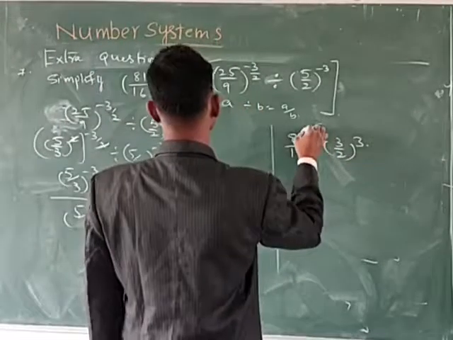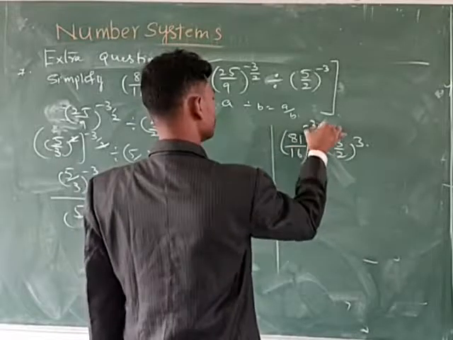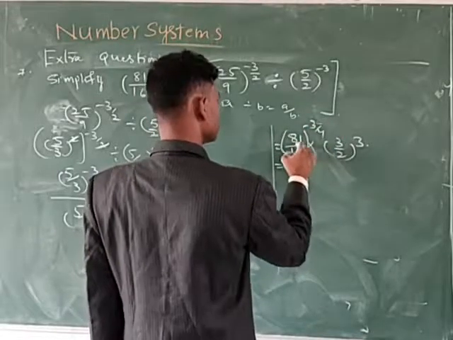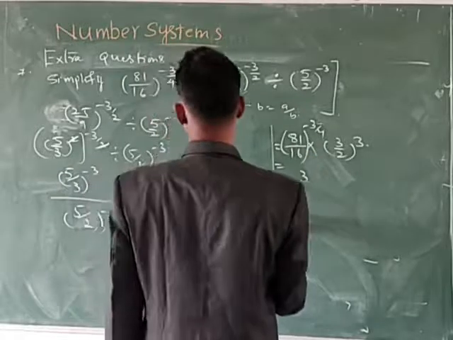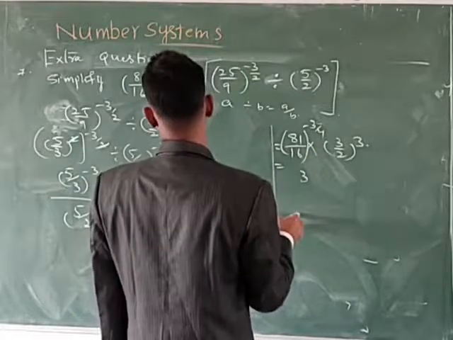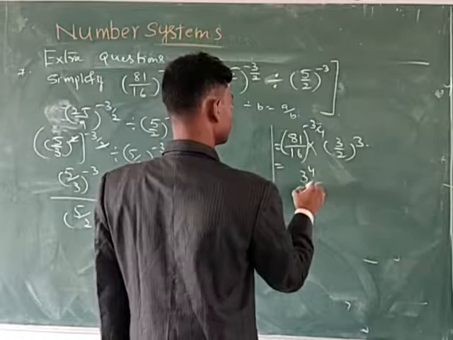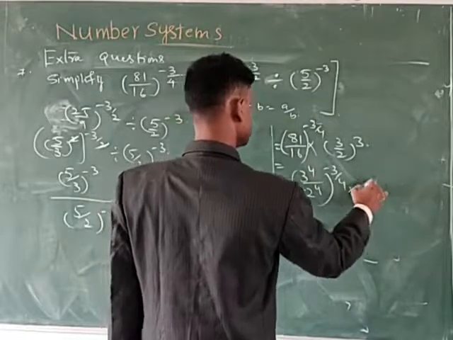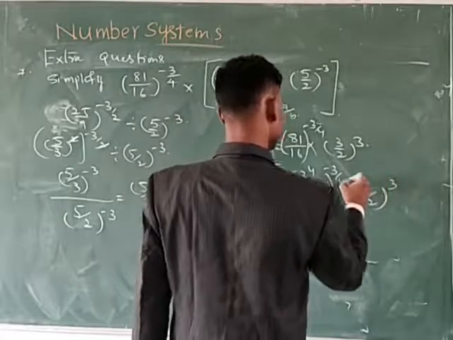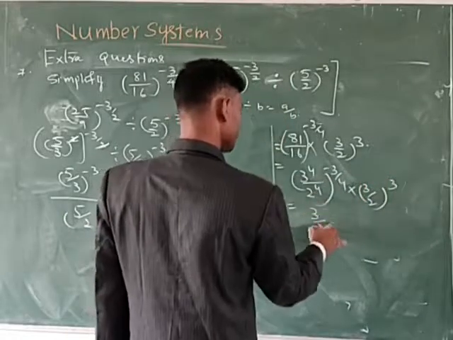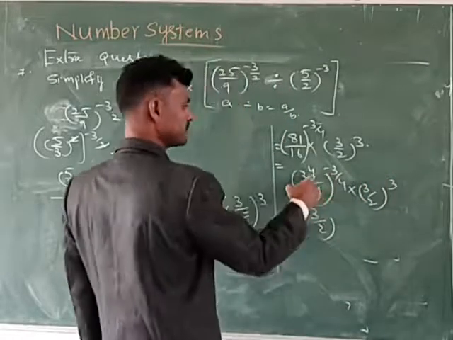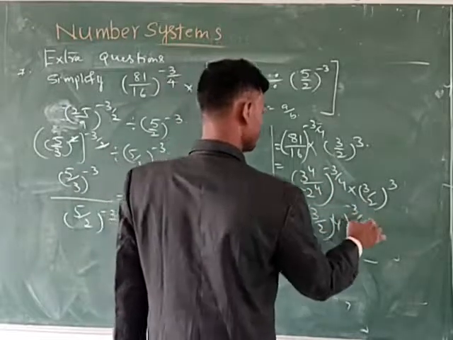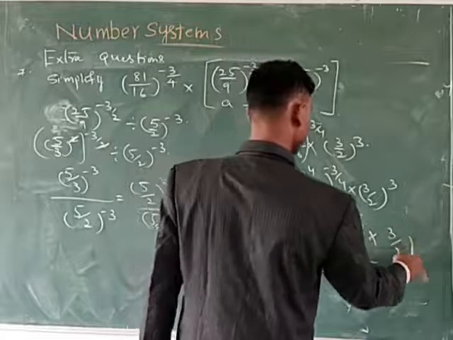Now this is whole power minus 3 by 4. Now 81 is written as 3 power 4, 3 3s are 9, 9 3s are 27, 27 3s are 81, so 3 power 4 by 2 power 4, whole power minus 3 by 4 into 3 by 2 whole power 3. Here, A power m by B power m, you can write 3 by 2 whole power 4 into minus 3 by 4, into 3 by 2 whole power 3.